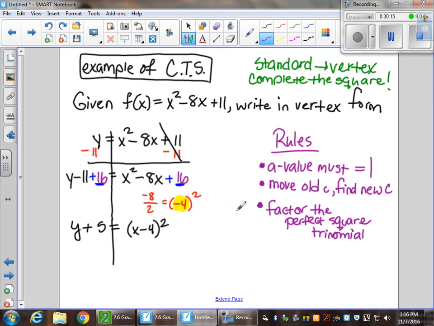That's what we did right here. Going from this to this was factoring the perfect square trinomial.